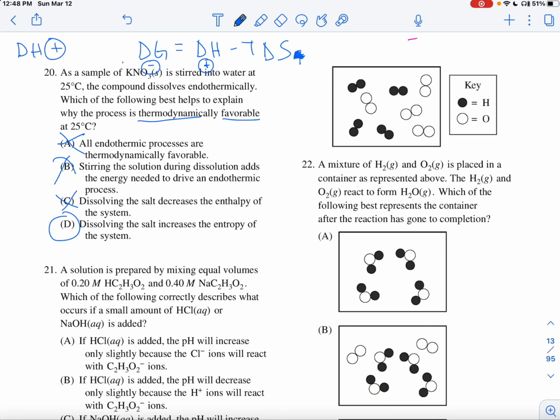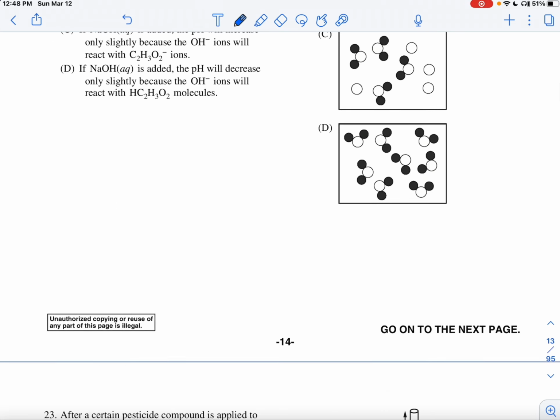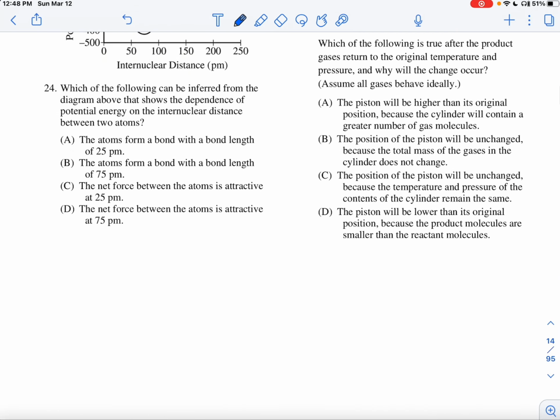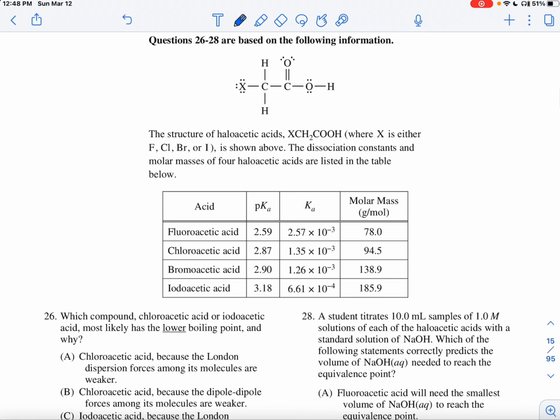Okay, let's go to 26. All right, 26 is an IPF question.